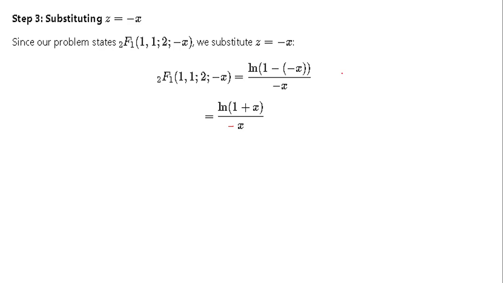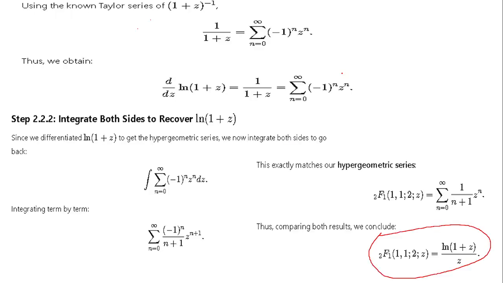Yes, sir, this one is correct, because 1 minus is having minus there, and when we substitute z, that x is having minus. Anywhere you see z, you put minus, right? The x will carry minus.